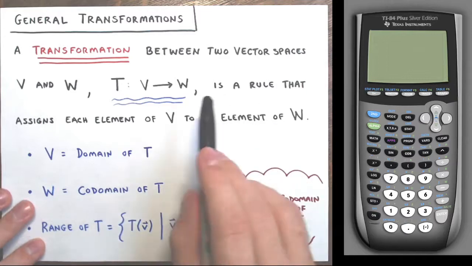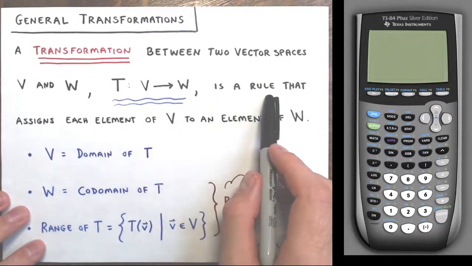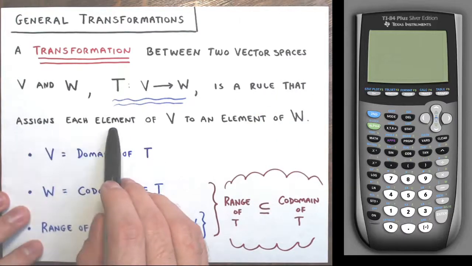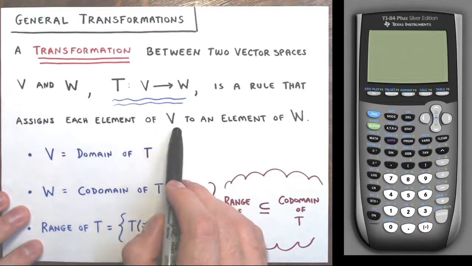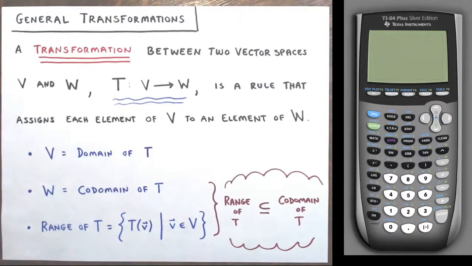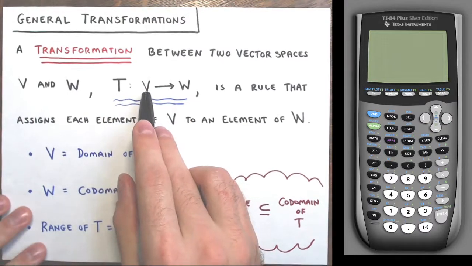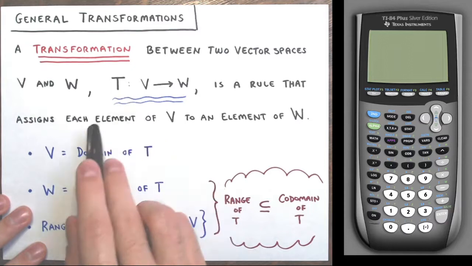So a transformation T between vector spaces V and W is a rule that assigns each element of the vector space V to an element of vector space W. So it's like a more general notion of a function, right, that you're probably familiar with in pre-calculus, algebra class, whatever.